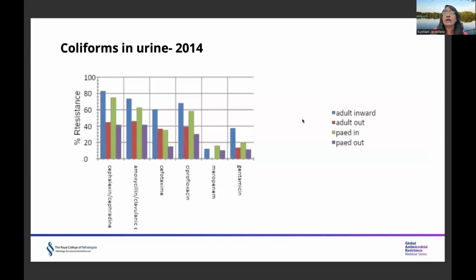We can see that in the outpatient setting the resistance was less, but still the cefotaxime resistance, third generation cephalosporin resistance, was close to 40% even in the outpatient setting. And first generation cephalosporin and amoxicillin clavulanic acid resistance was very high, more than 40%.